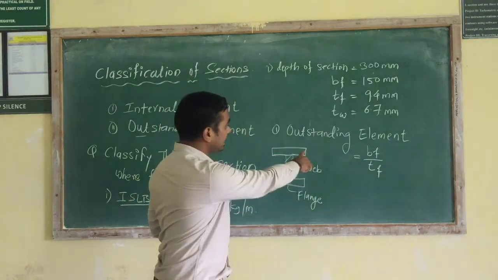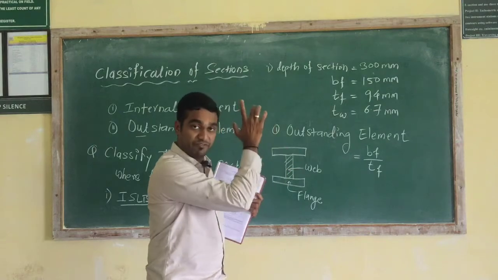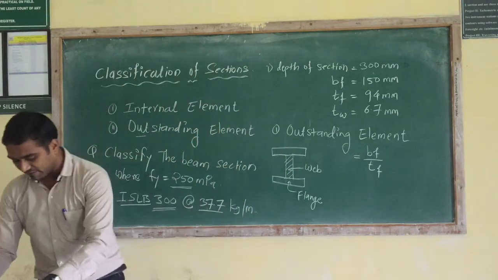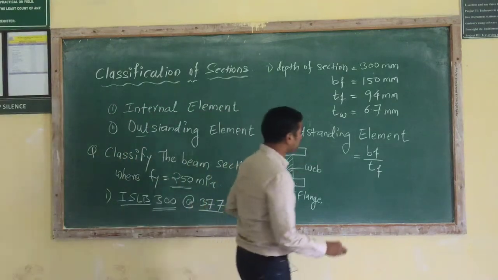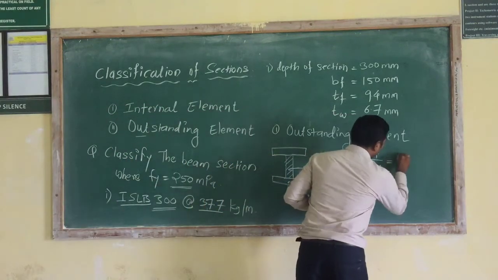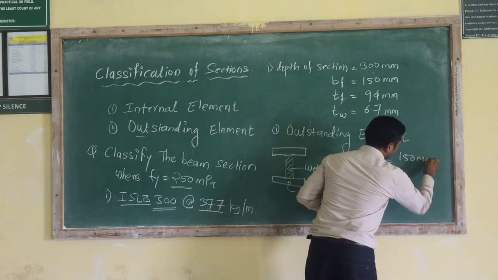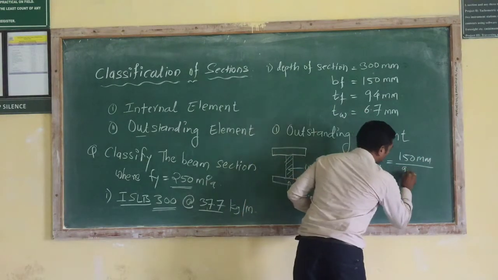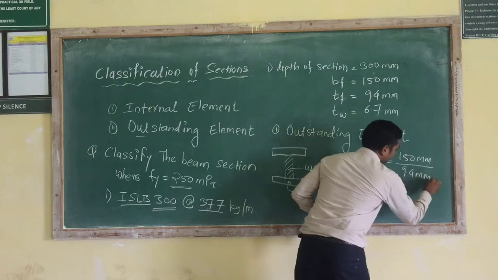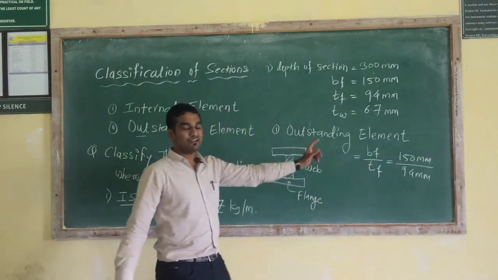That's why we take the ratio as BF upon TF. The width of the flange is 150 mm and the thickness of the flange is 9.4 mm.